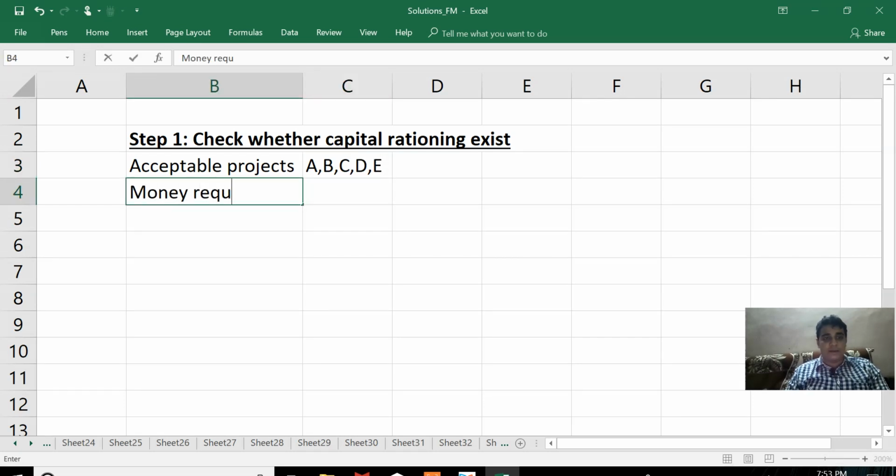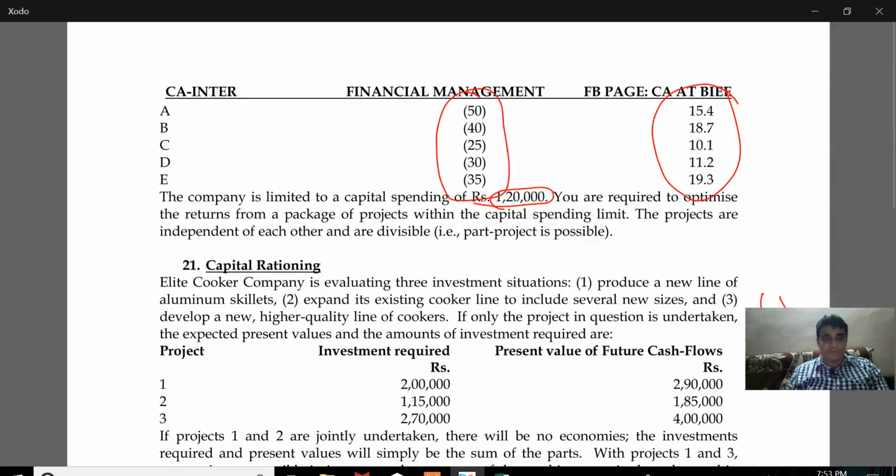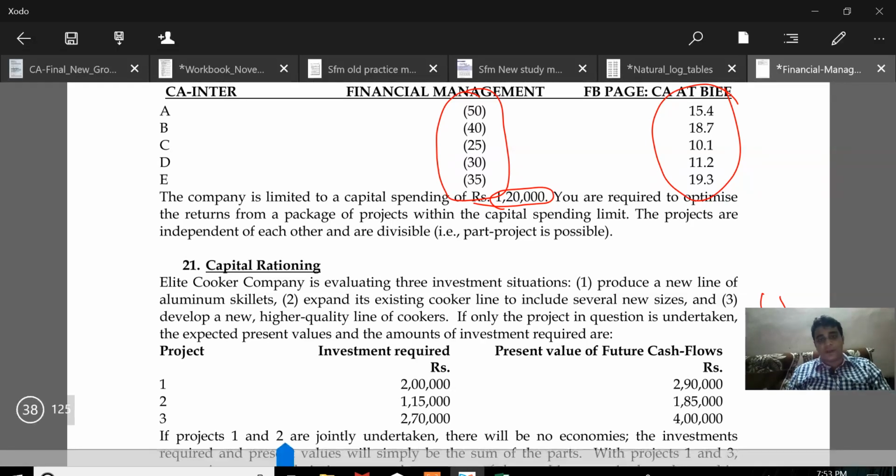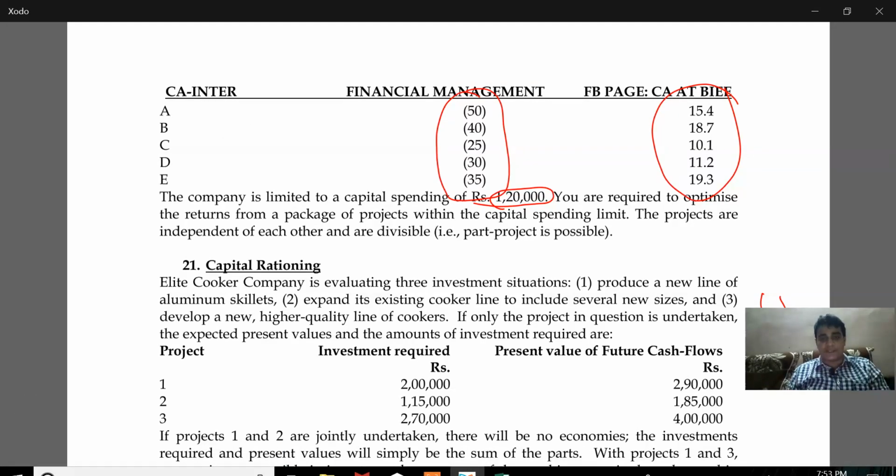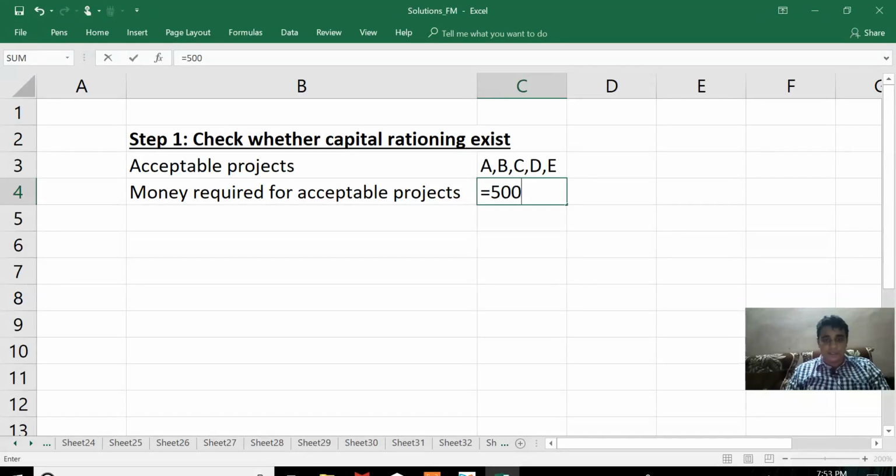Money required for acceptable projects. Whatever is acceptable, how much money do you need for them? Which is 50,000 plus 40,000 plus 25,000 plus 30,000 plus 35,000.